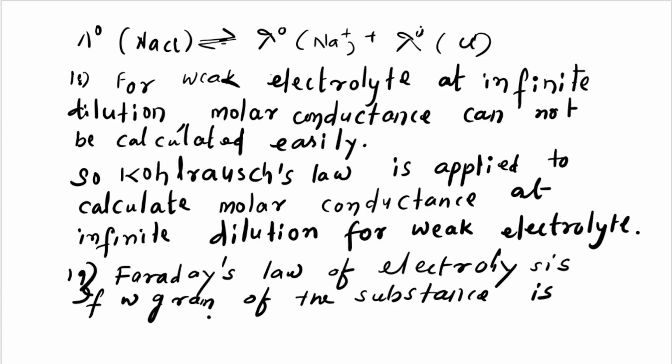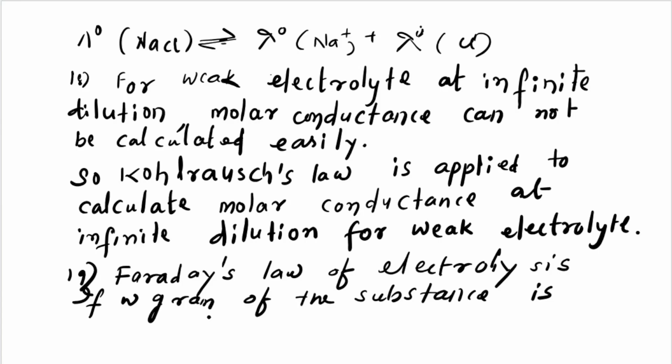How to calculate the molar conductance for a weak electrolyte at infinite dilution, and the law followed here, is Kohlrausch's law. The explanation is already done, only the important facts are written here. Important facts I want to show you.